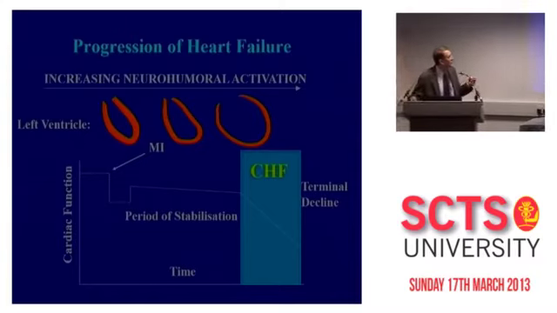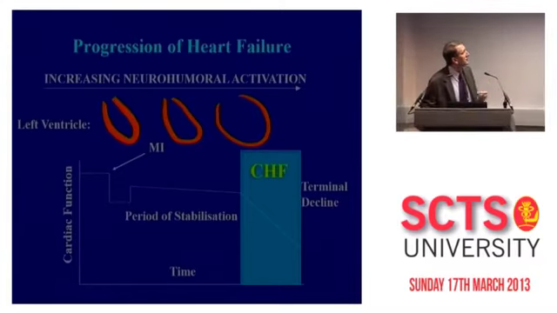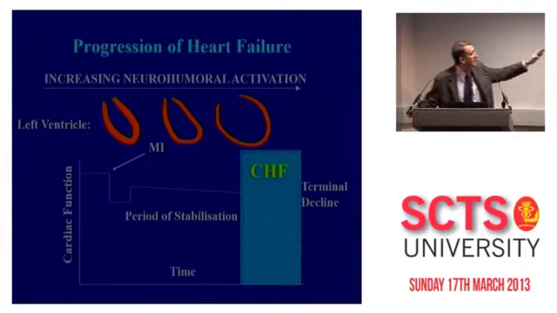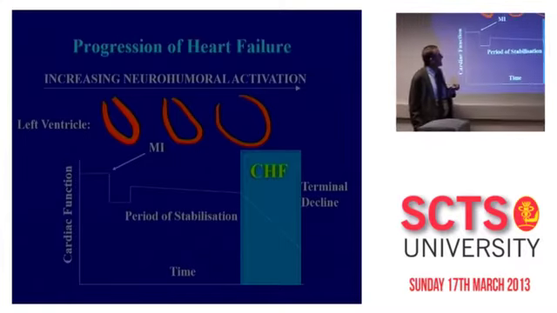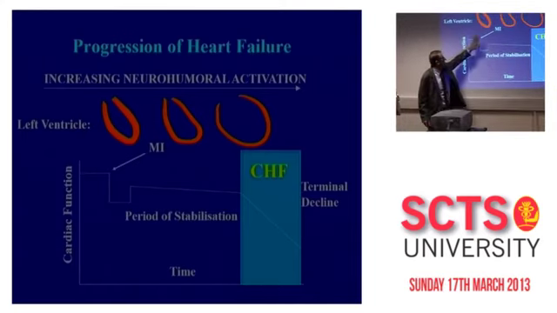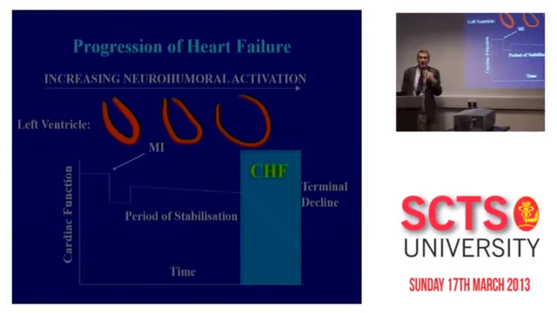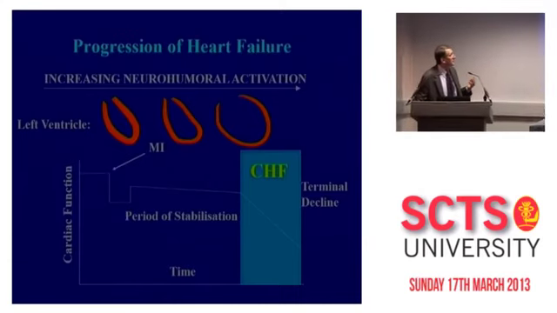That's over 100 years ago. We know a little bit more now. We know that there's increasing neurohormonal activation, so we can measure levels of neurohormones and cytokines and so forth. And obviously we can do echocardiograms, and we can see that even during that period of stabilization, the heart is gradually dilating and becoming more dysfunctional before they become symptomatic. And obviously the idea is to, when we see our infarct patients, to give them as much neurohormonal blockade to ameliorate, to reduce the progression of congestive heart failure. It doesn't prevent it as much as possible.